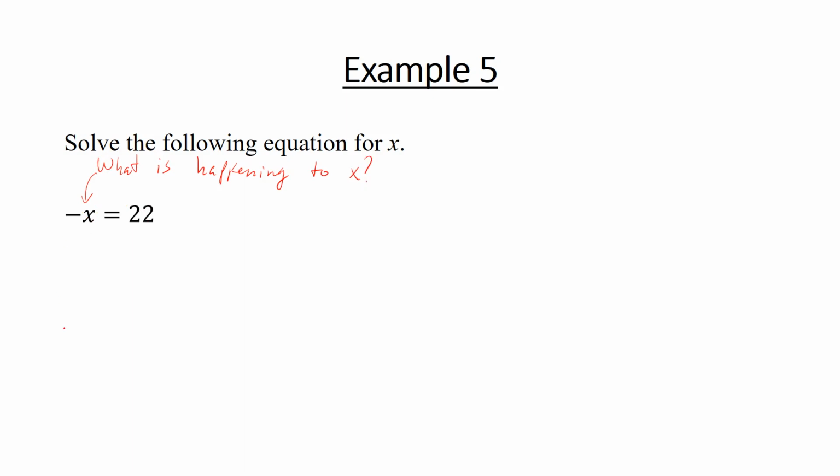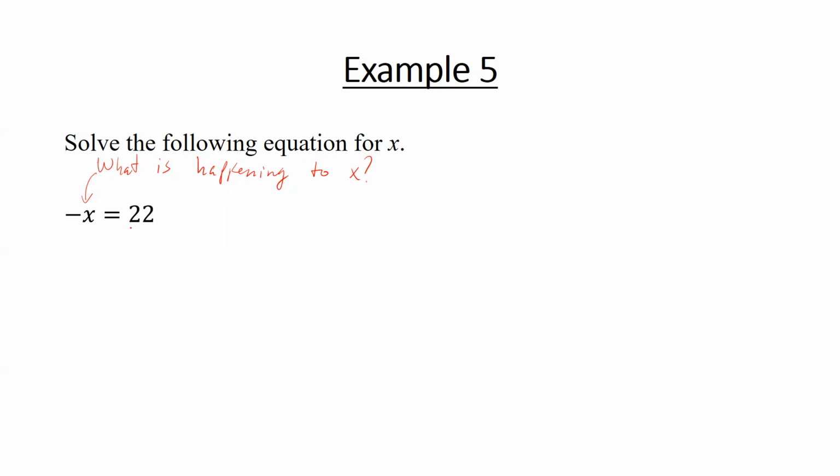And remember, your answer has to have some kind of a verb, right? Something was added to x, it was subtracted from x, x was multiplied by a number, x was divided by a number, right? It has to be something. But we don't see a number, we just see this minus sign here, which can be a little bit confusing.